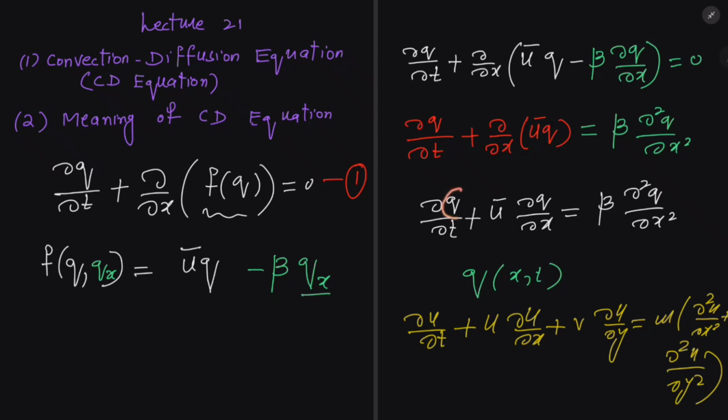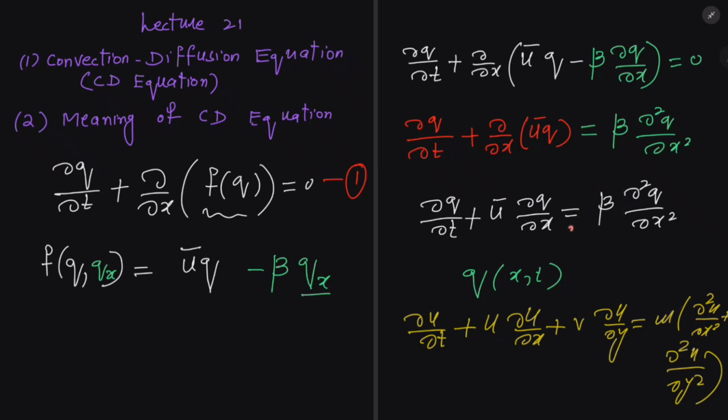You can see that this q is acting as u in the Navier-Stokes equation. This u bar may be a constant over here, but in future we will see that it will be a variable. If you compare, then u bar is equal to u, this variable q is equal to u, and so on. The beta will be equal to mu.